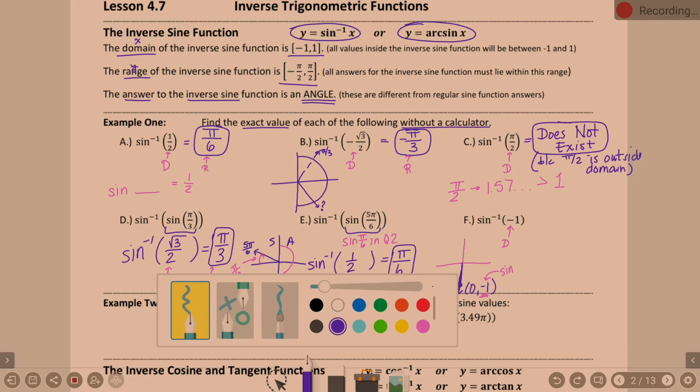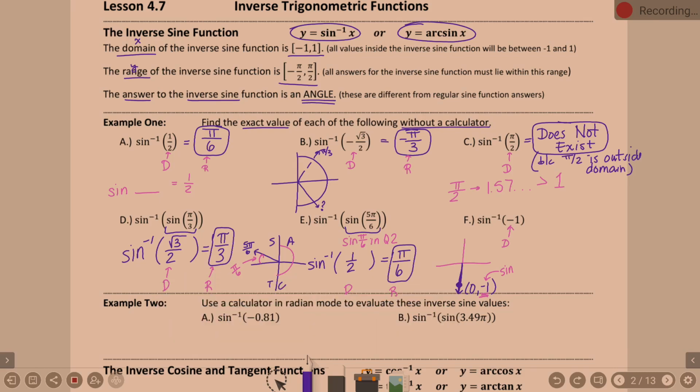So, at what angle does sine equal -1? 270 or 3 pi over 2. I'm going to stick with radians. Radians is 3 pi over 2 for 270, yes? But is 3 pi over 2 in my range?